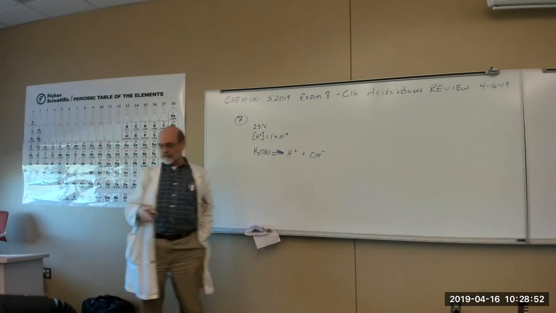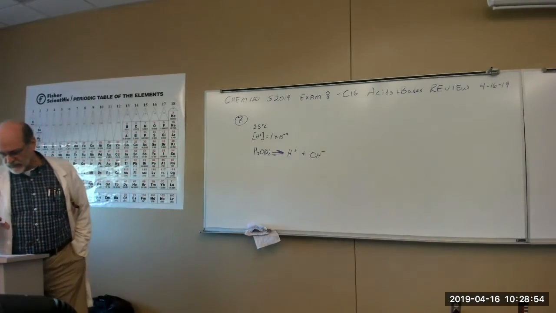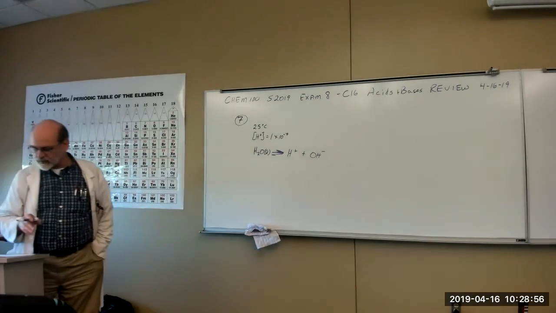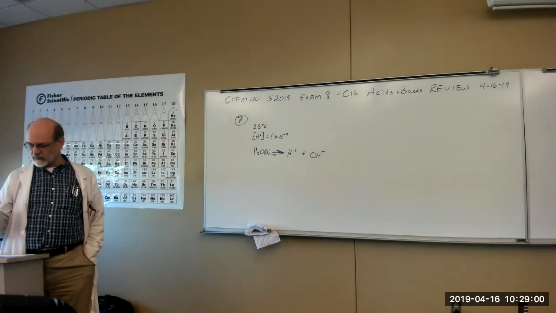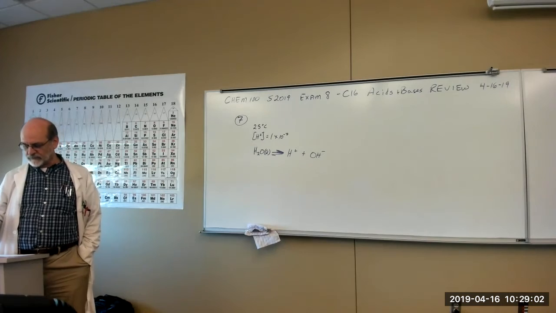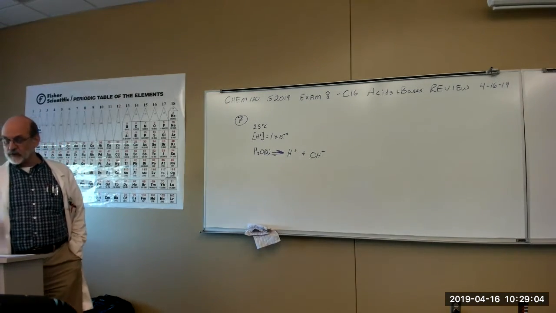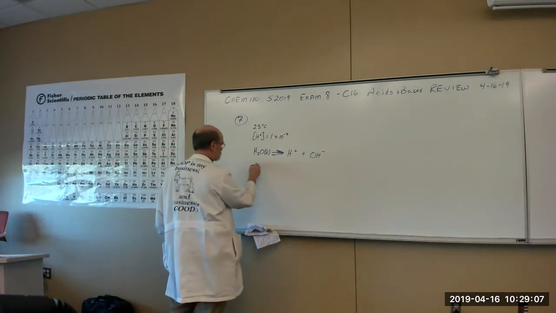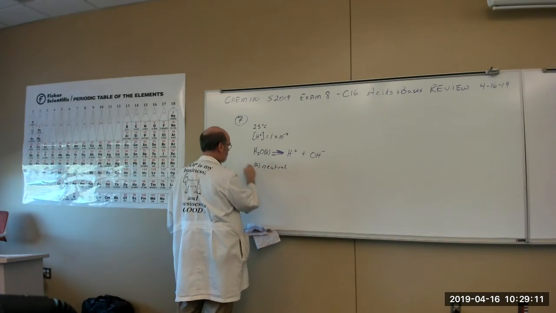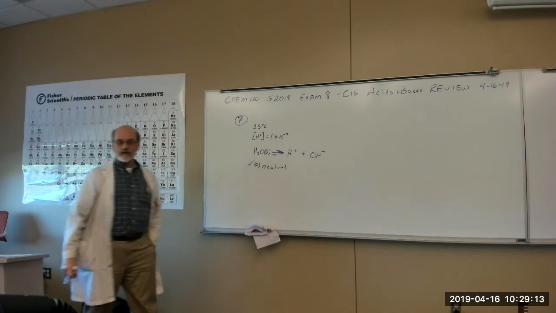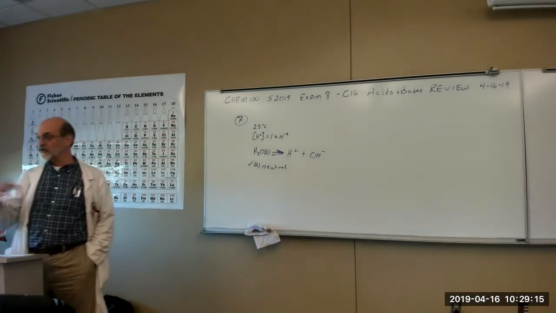So with that being said, number 7 says, as water is heated, its hydrogen ions increase. That's given. This means what? A, the water is still neutral. That's true, because you're making the same amount of hydroxyls as you make hydrogens.